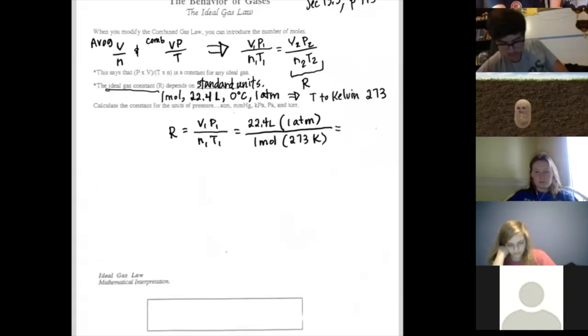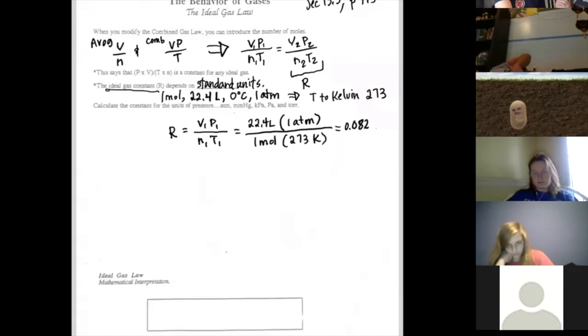When I calculate this, and you can calculate it if you have your calculator, you'll find that the number you get is 0.082, and I want you to go 1 more digit and do a 1.